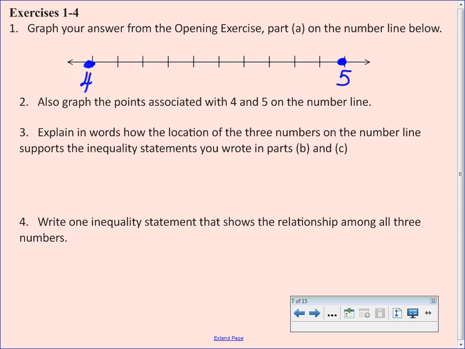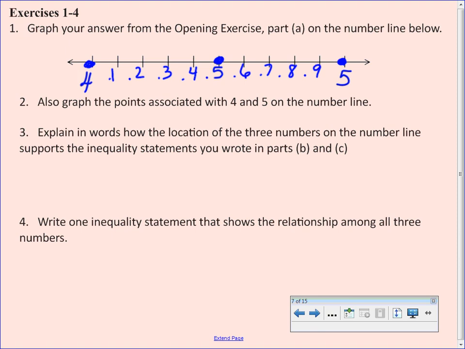So let's label this 0.1, 0.2, 0.3, 0.4, 0.5, 0.6, 0.7, 0.8, 0.9. Remember, we can label our number line however we want. We could have gone 4.25, 4.5, 4.75, and 5. But we've got room so we can spread it out. We had guessed that it was 4.5, so we're going to plot that on the number line as well.